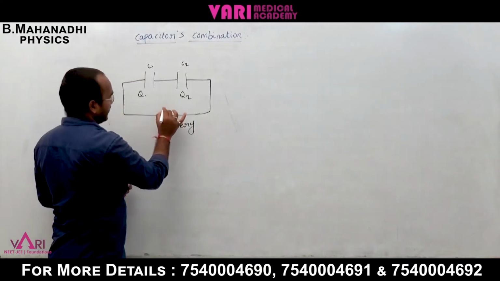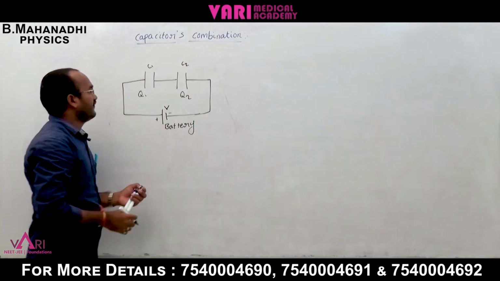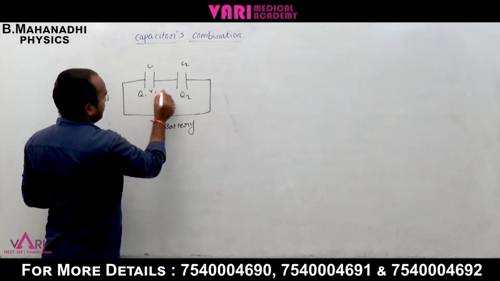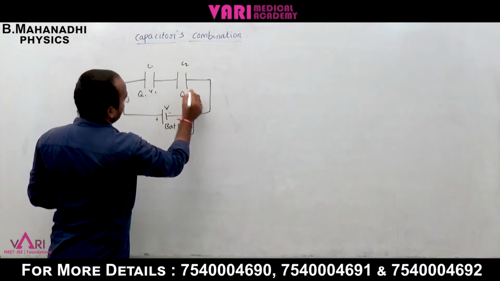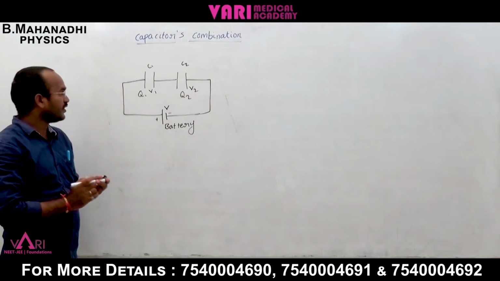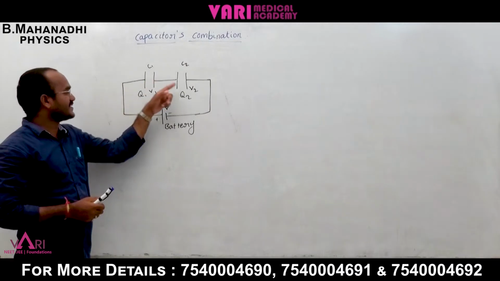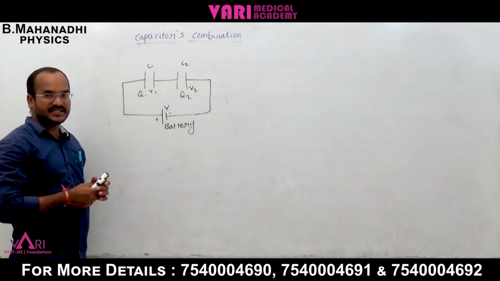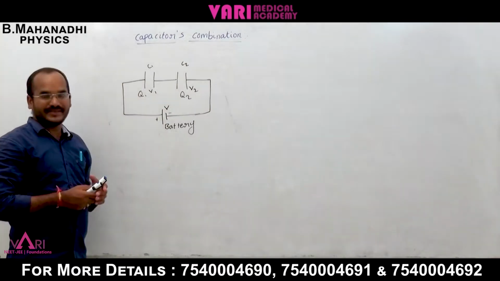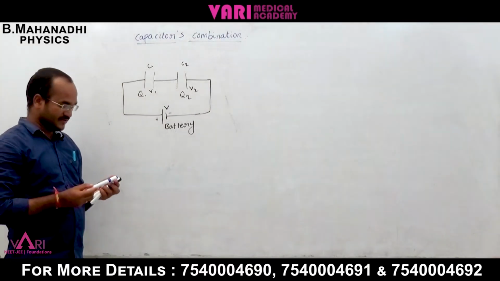The battery potential is V, the first capacitor's potential is V1, and the second capacitor's potential is V2. If two capacitors are connected in series combination, the charges are the same.